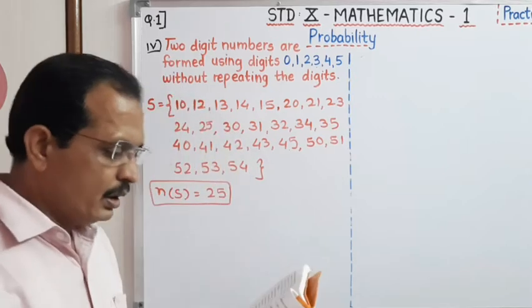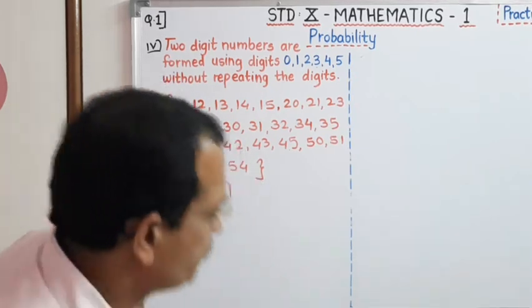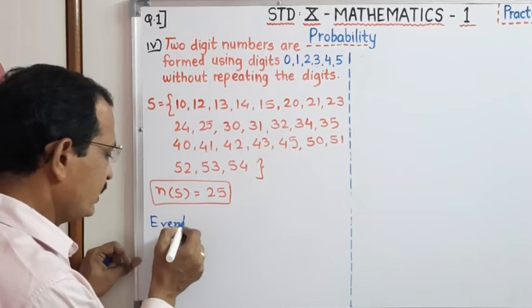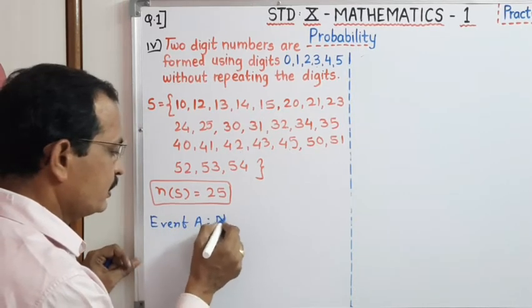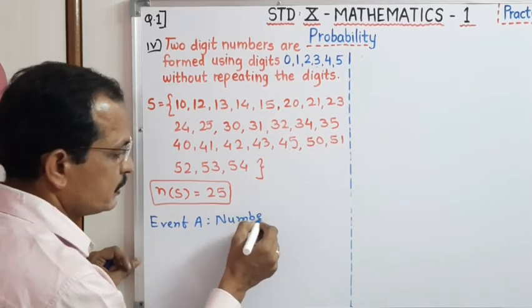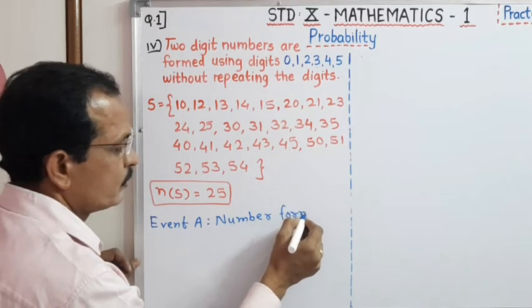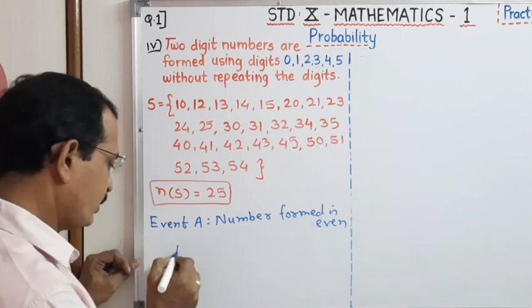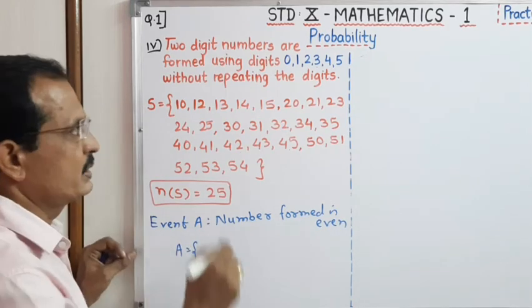Now, we have to write the events. Event A, the number formed is even. We have to write even numbers.